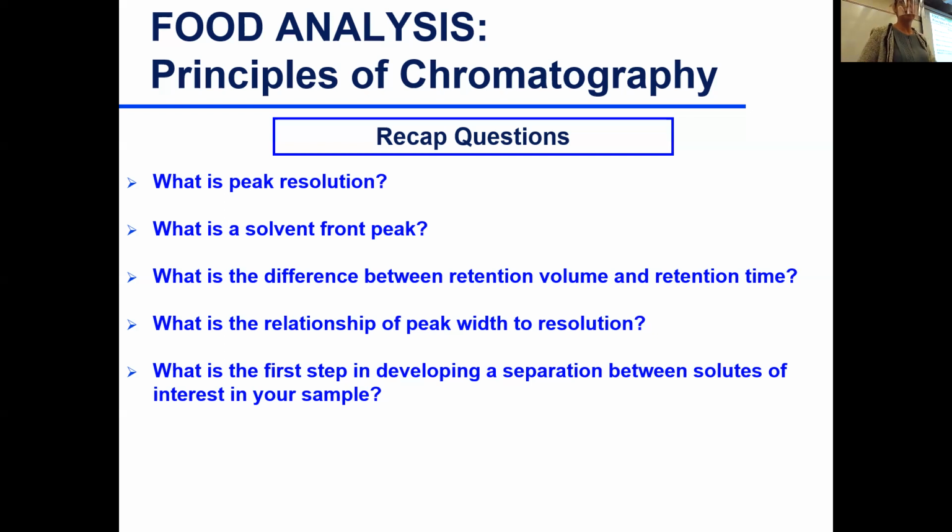All right, what is the difference between retention volume and retention time? All right, Alexa? Okay, so I would say mostly correct. The retention time is the time it takes for the compound to actually reach the detector from the time of injection.